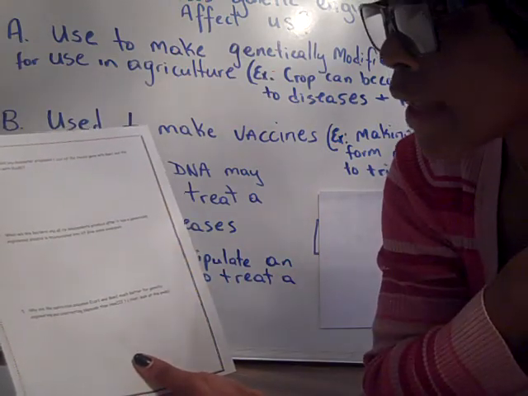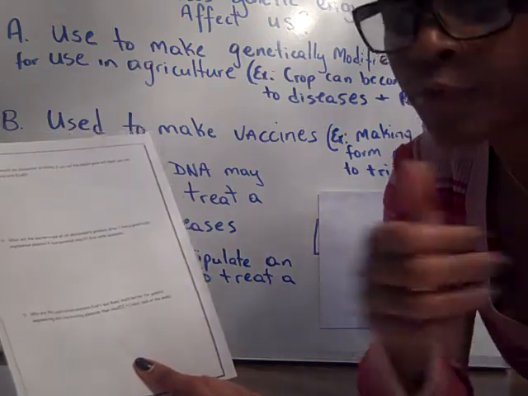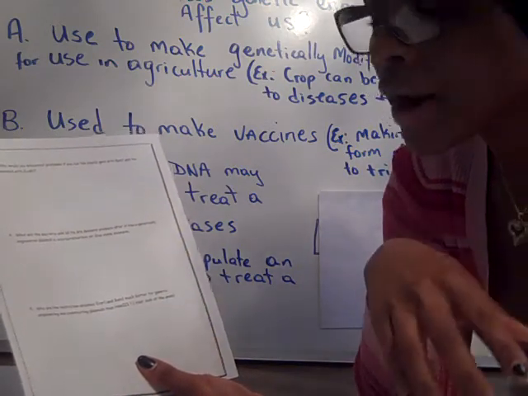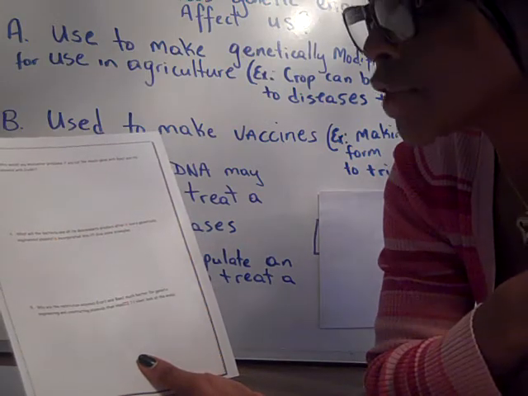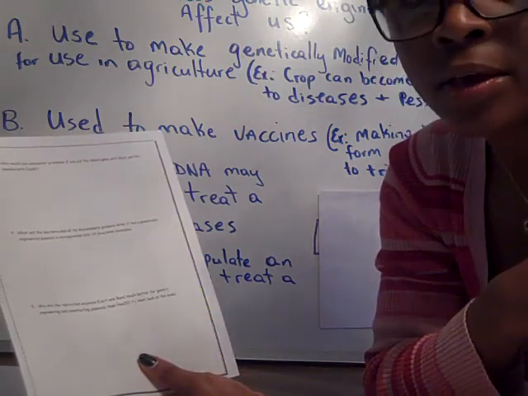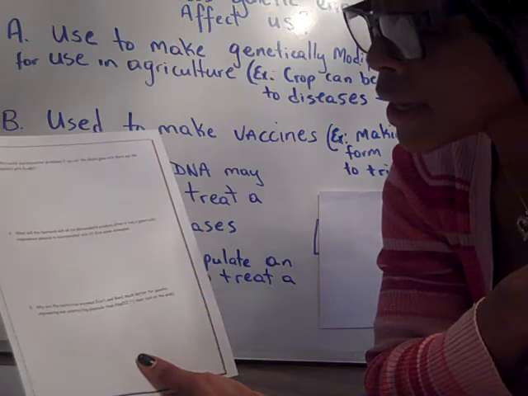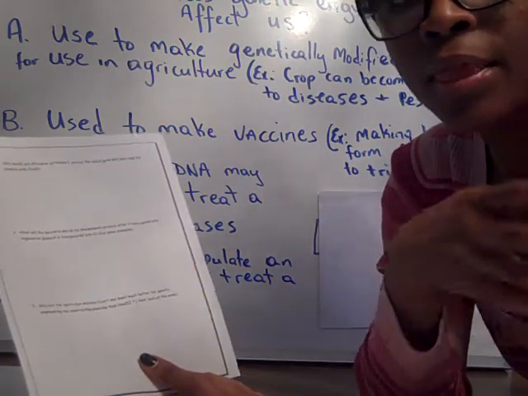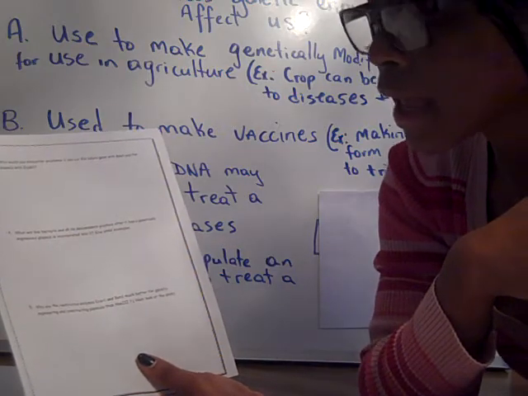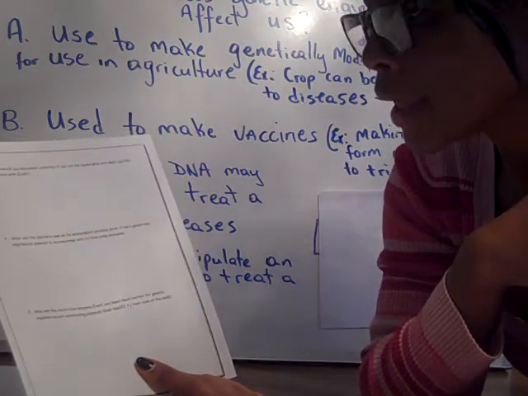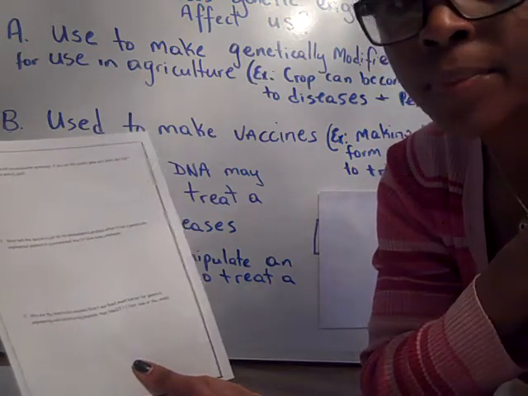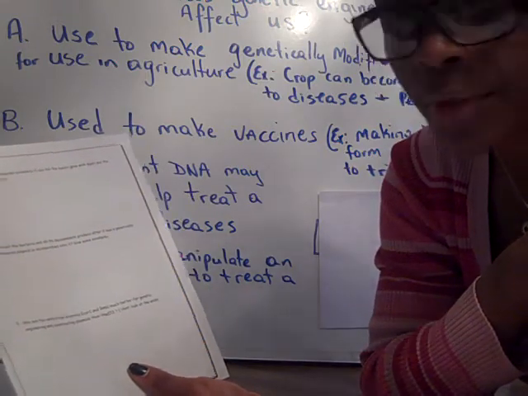Why are the restrictive enzyme from procedure 1 and the restrictive enzyme from procedure 2 better for genetic engineering than the enzyme we use in procedure 3? The hint is to look at the ends, look at how we cut them, where they would be cut, and that will explain to you why procedure number 1 and procedure number 2 enzymes are better than procedure number 3.